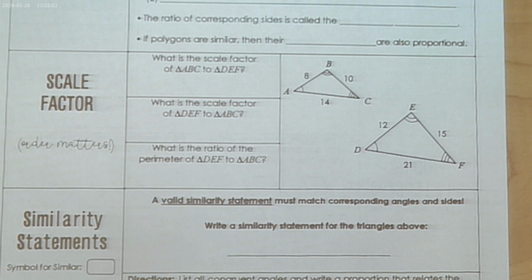Even though they're not specifically equal, because you have one side that's measure 3 and one side that's measure 6, because every part of the triangle conforms to this ratio or scale factor, we can now say that those two triangles are congruent or similar, which is kind of the root of this unit.